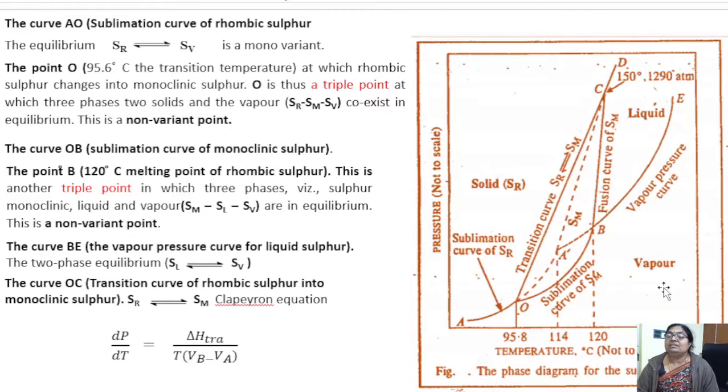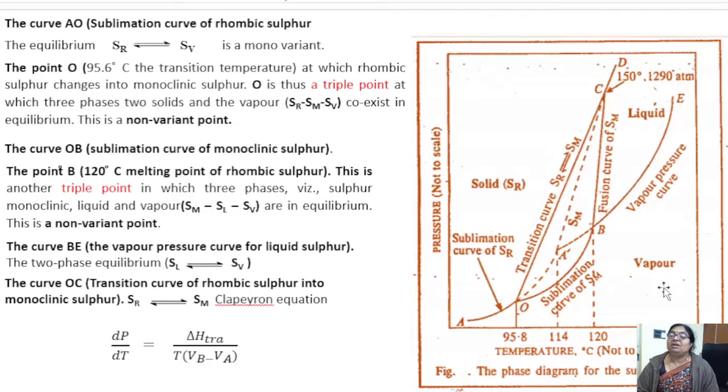When you extend from C to D, this is what we call the fusion curve of rhombic sulfur. So CD is also monovariant, and the equilibrium exists between solid sulfur and liquid sulfur.